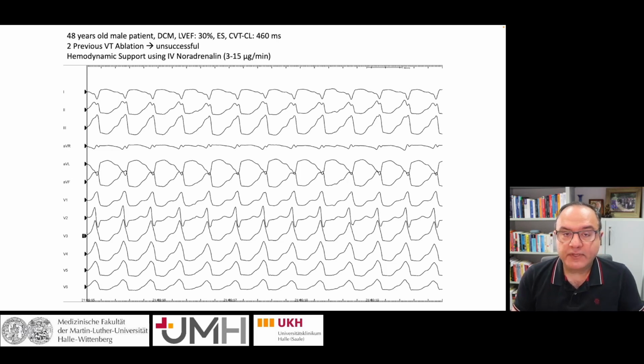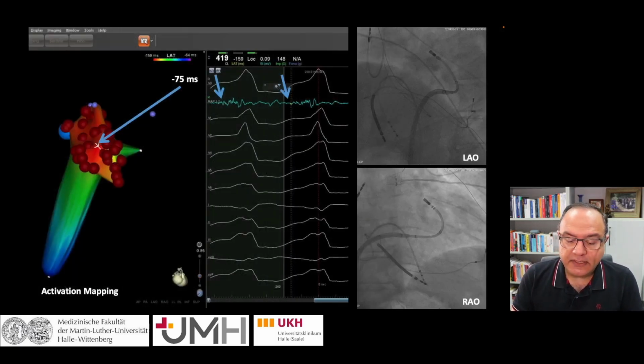So for this patient, we just used norepinephrine infusion, with doses of 3 to 15 micrograms per minute, and that was enough to make an unstable VT stable. And as you can see here, we had some targeted mapping and a very short map during VT, targeted at finding the earliest point, and then successful ablation of the scar-related VT.